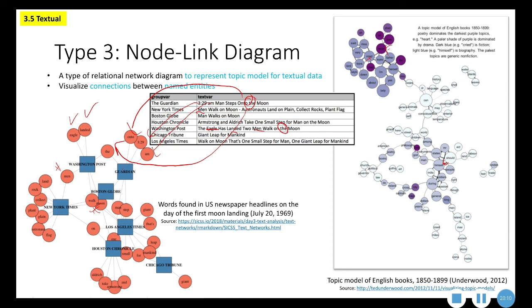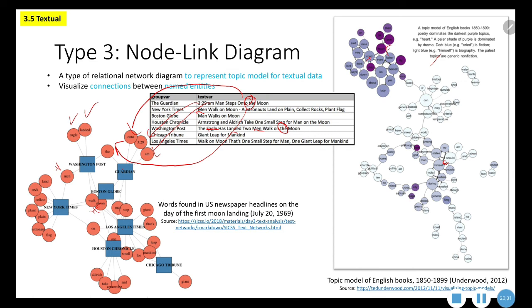For example, here it captures poetry as one of the genres. We also have drama, meaning that a crime is a drama in the book, a scene in the book.